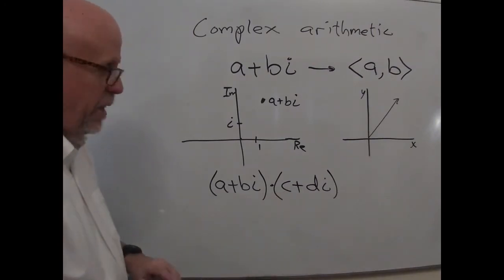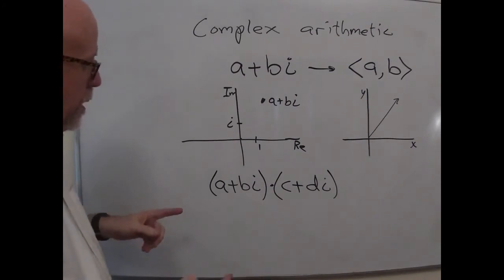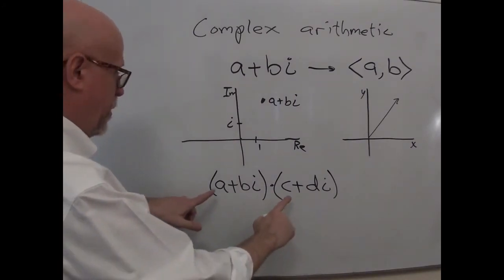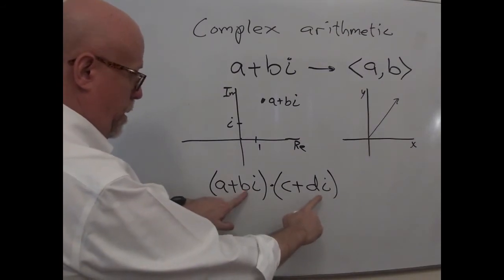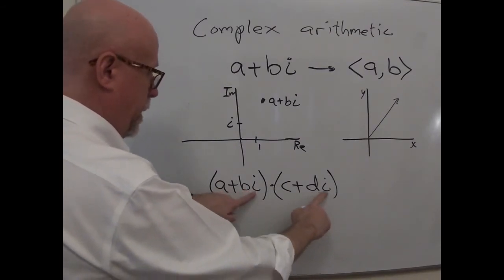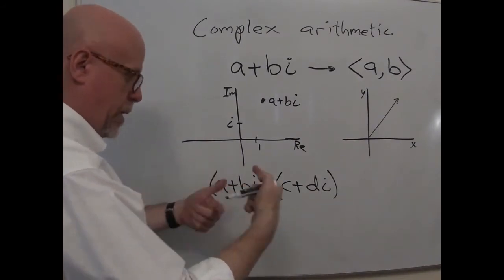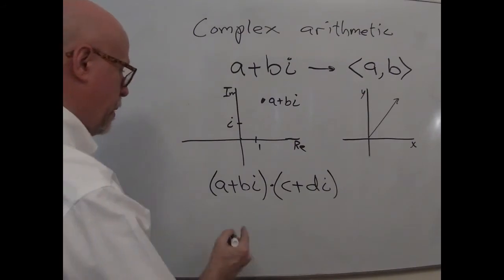Actually, I like to call it the FOIL rule when I'm doing complex numbers, because the real things are the first times first and the last times last, because you'll get bd, but i squared, bd i squared. But i squared is -1. That's the whole point of i. It's the square root of -1.